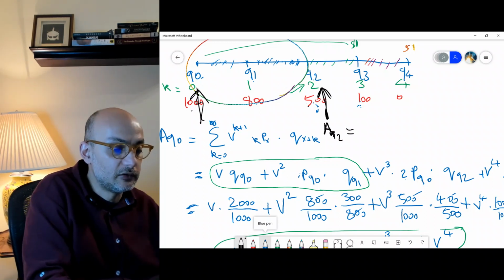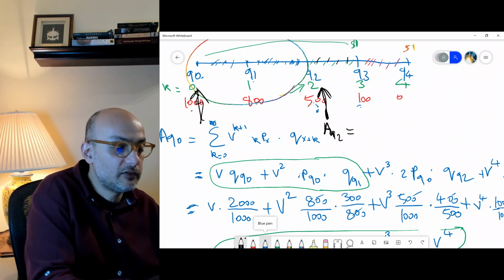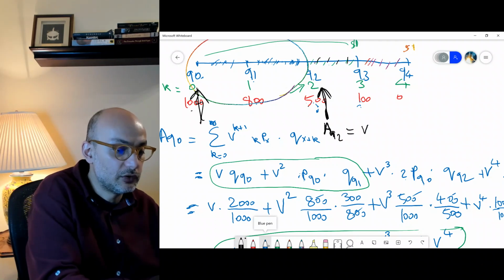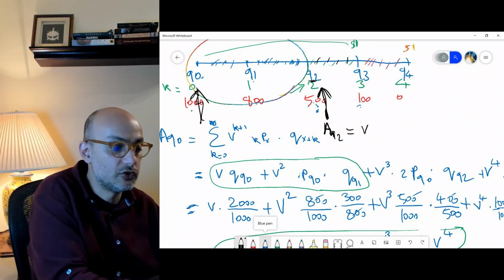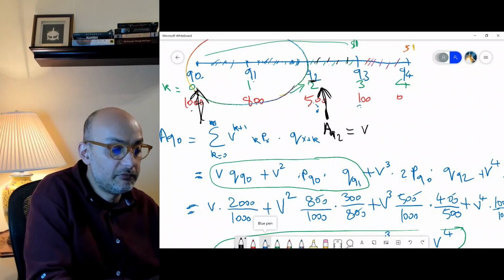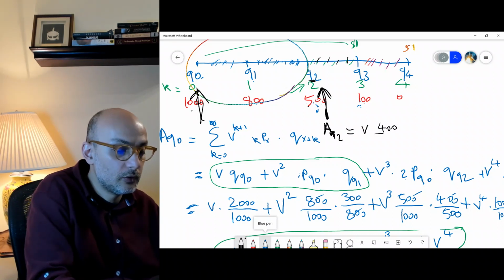What's A92? We are here, we're not at 90, so we started with 500. So if death occurs in the first year, we will have V, because we are coming back to 92, we're not going back to 90. We have V, and how many deaths happen? We started with 500, we ended with 100. So there are 400 deaths over what we started, 500.